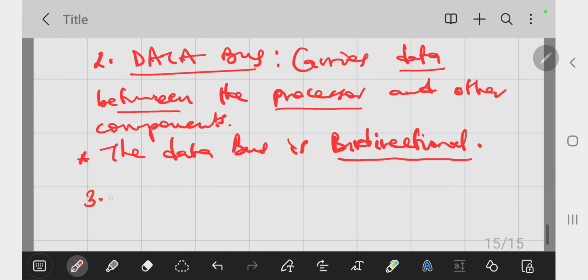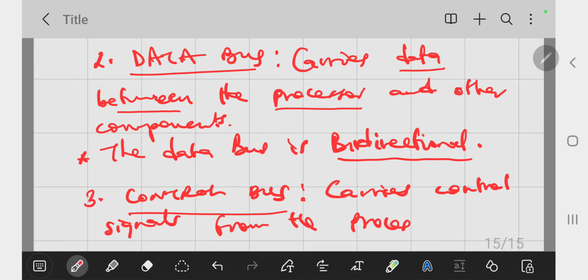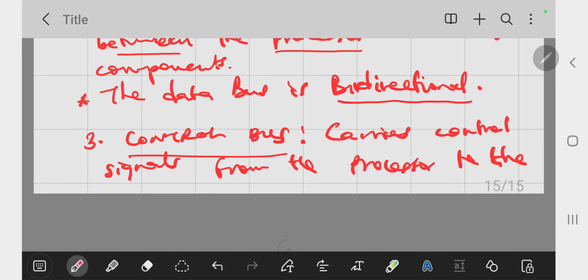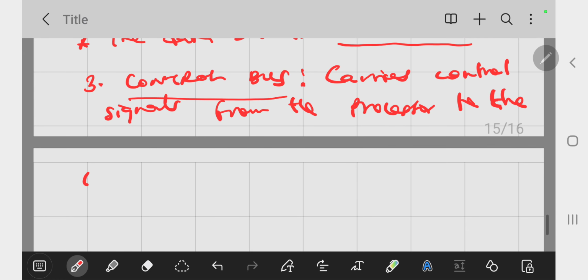But then what about a control bus? When we look at a control bus, this one carries control signals from the processor to the other components.